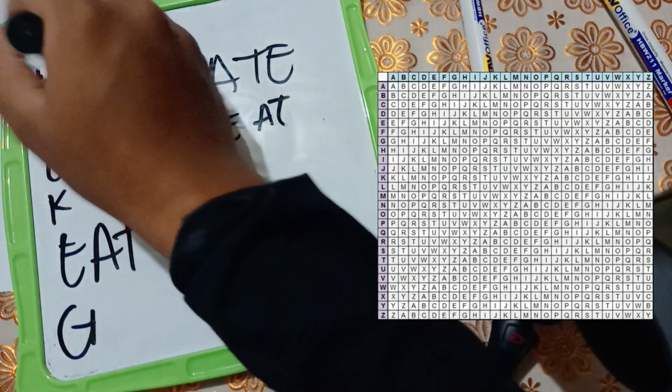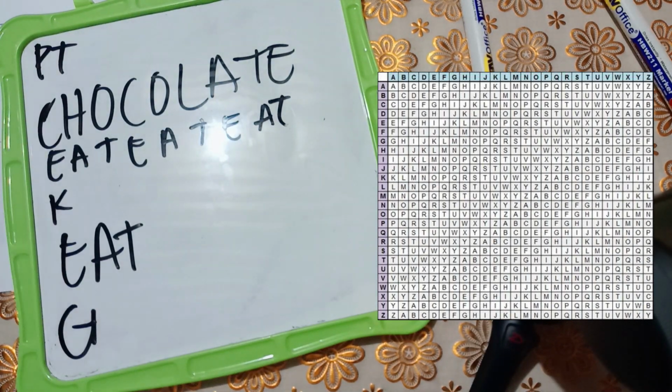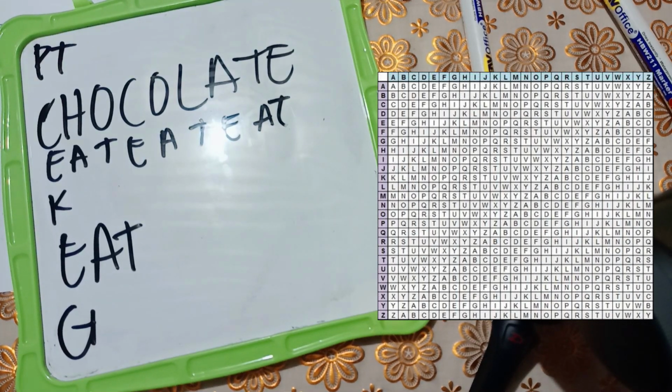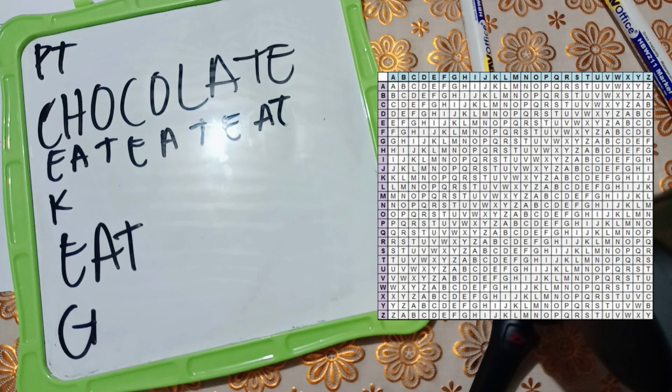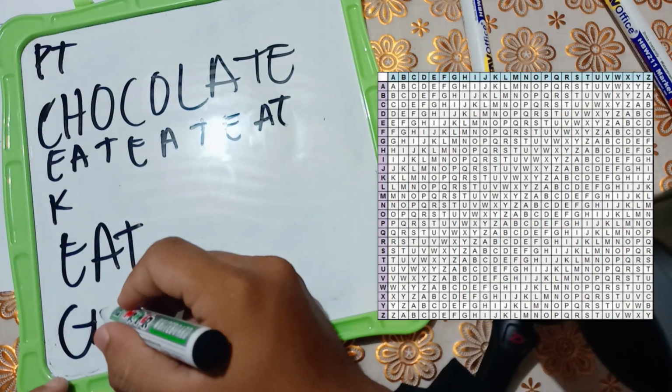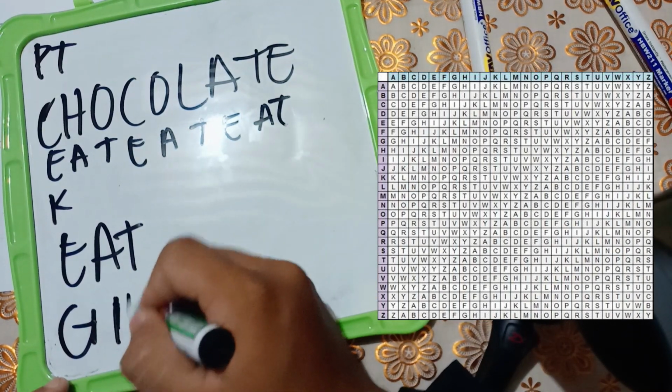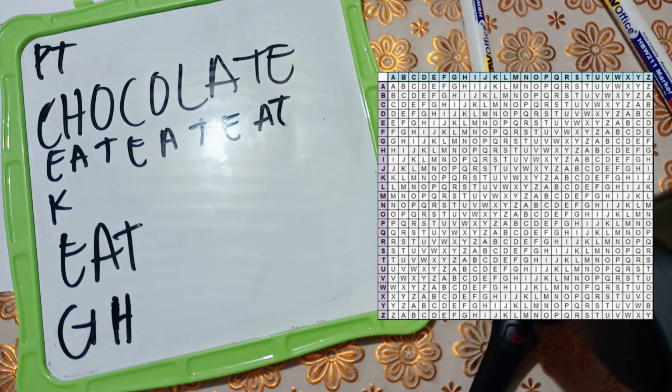So we're done with C. And H, T. So let's find H on the x-axis and T on the y-axis. So we have H, just H. Okay, H. And O on the x-axis and A on the y-axis.